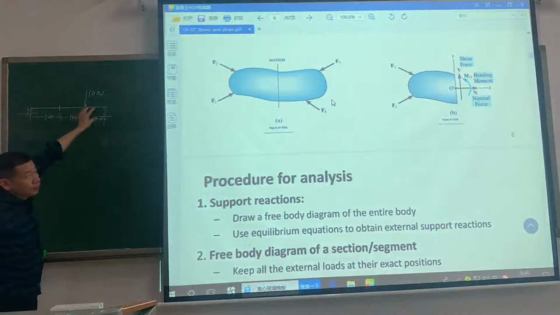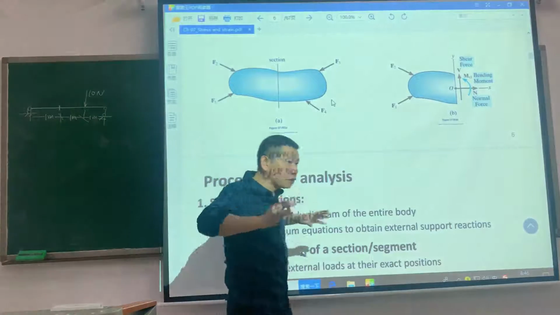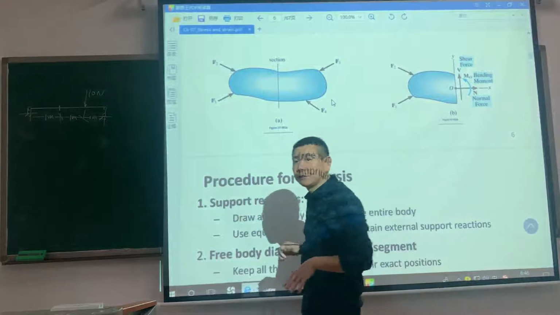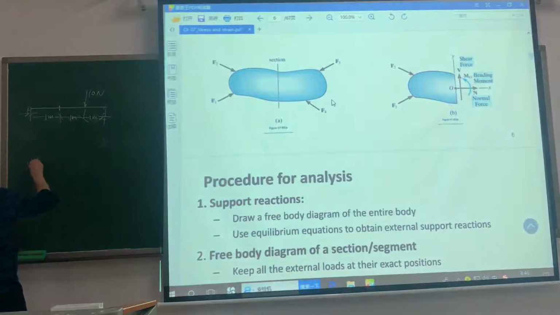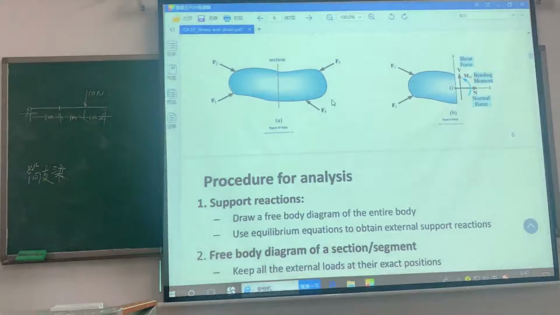We call this kind of beam a simple support beam. In Chinese we call it 简支梁.